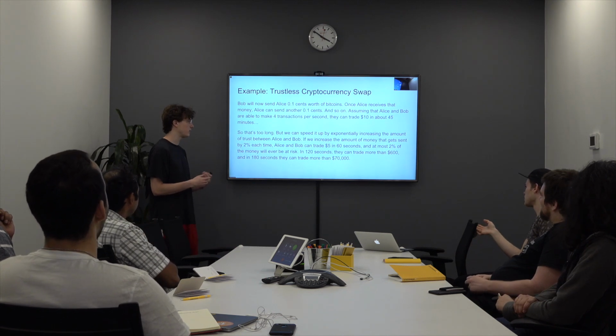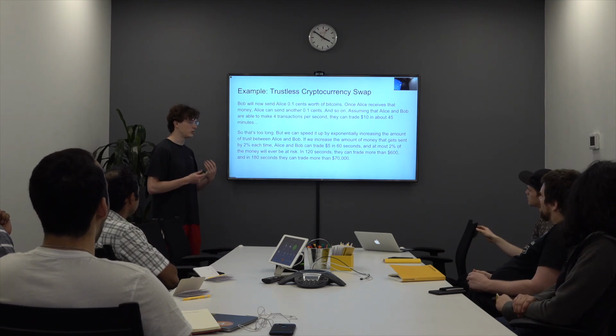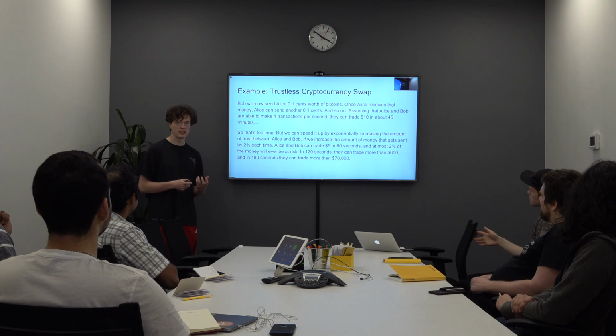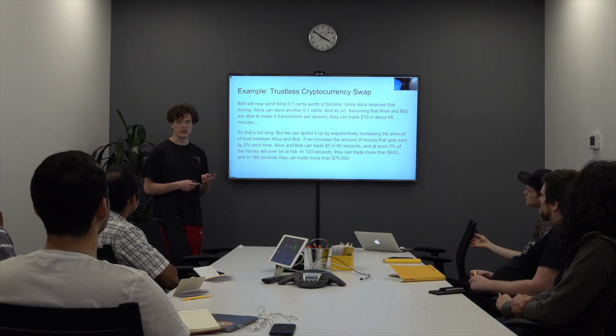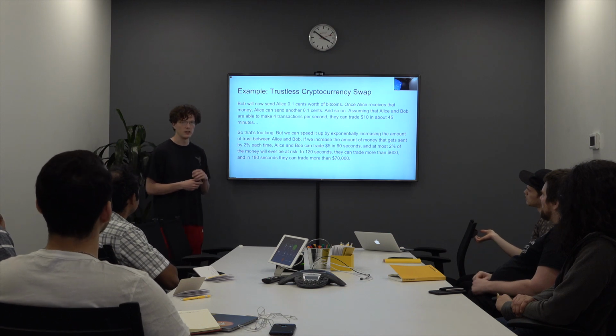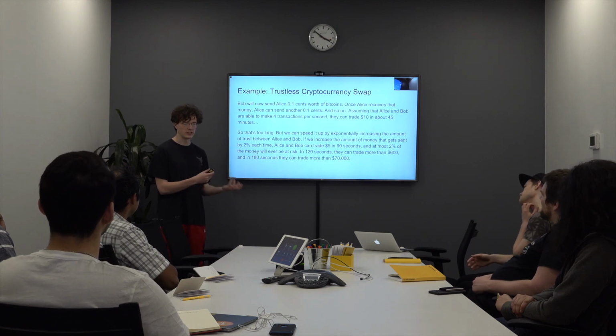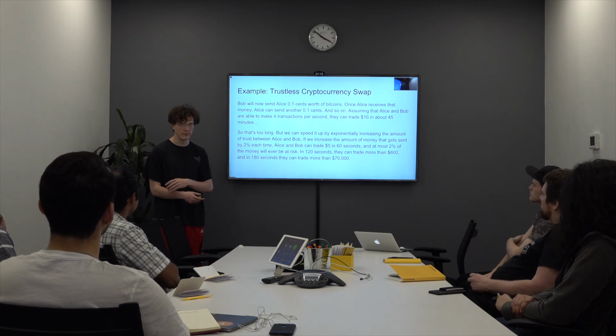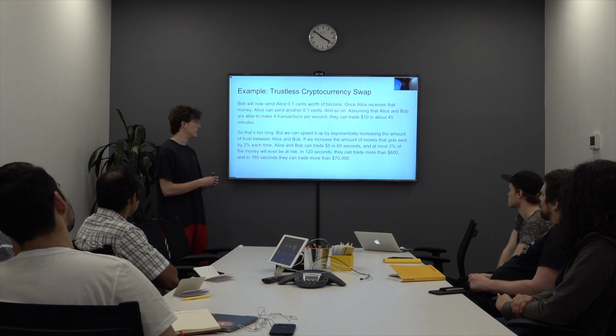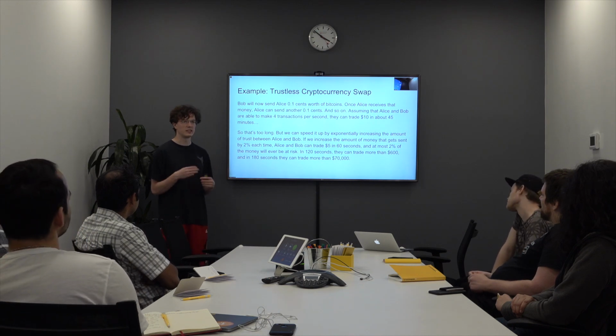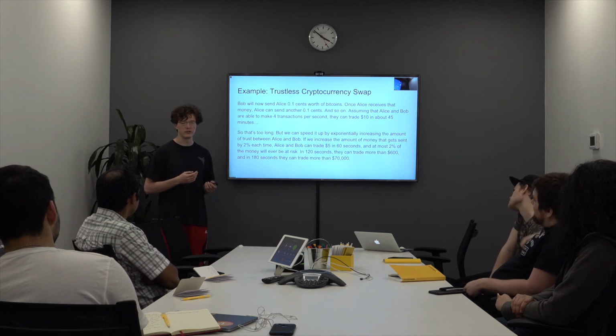The way the math works out is that the most amount of money that's ever at risk for Alice is 2% of the total amount so far transacted. It takes a couple iterations to get there, right? Because the first iteration, that's 100%, 0.1 cents out of 0.1 cents. But over time, it converges to 2% total at risk. This is less than what Visa charges, so I think that's pretty reasonable.